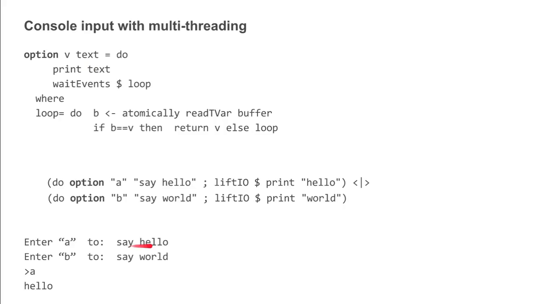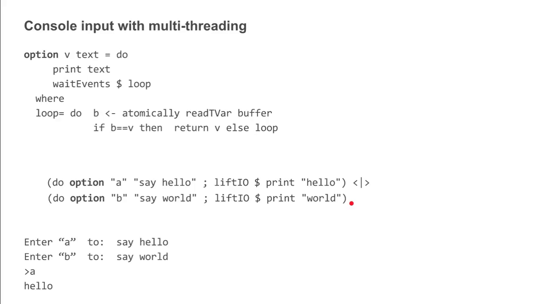It prints something more informative, like this. Because option uses wait events, and wait events return empty to the current computation, this is not executed, and the alternative operation is executed, which prints the second message. And since it returns empty, this is not executed either.